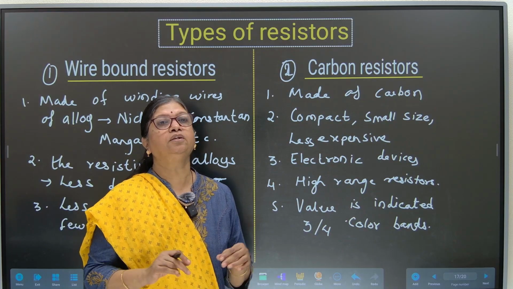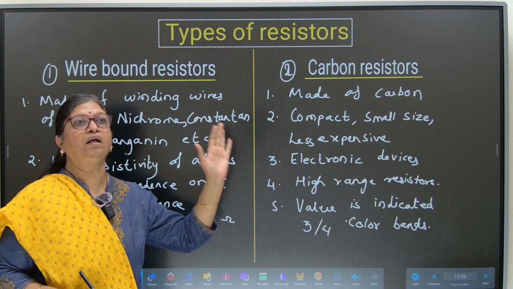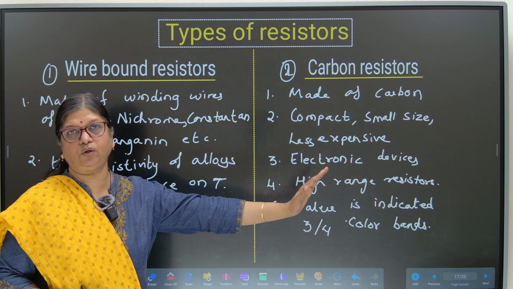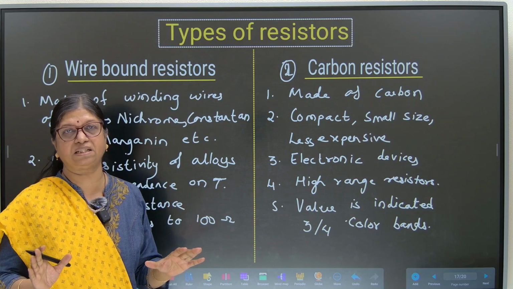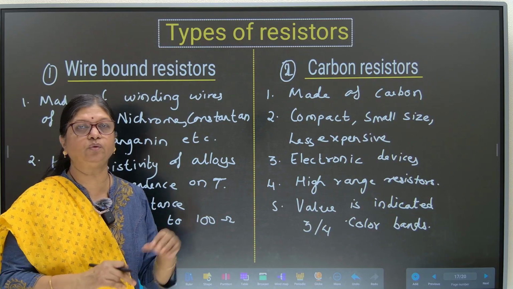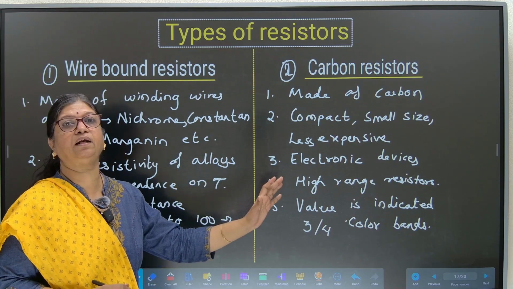Fine. Okay. So there are two types of resistors which we have seen. Compare their qualities and understand why they are used, for what purpose they are used, and their constructions. Fine, I hope you have understood this concept very clearly.